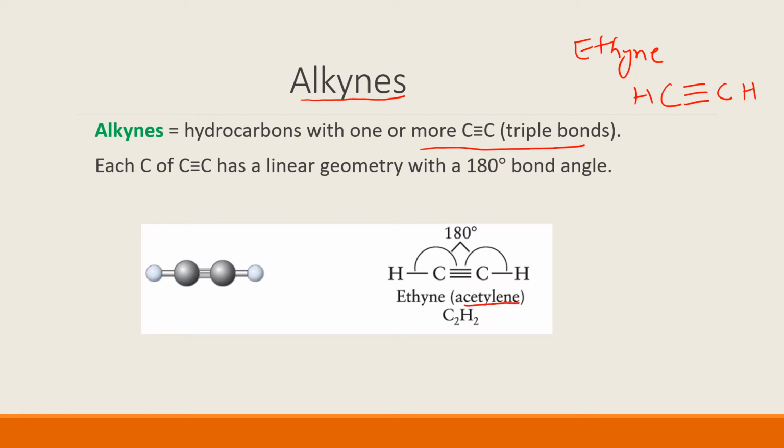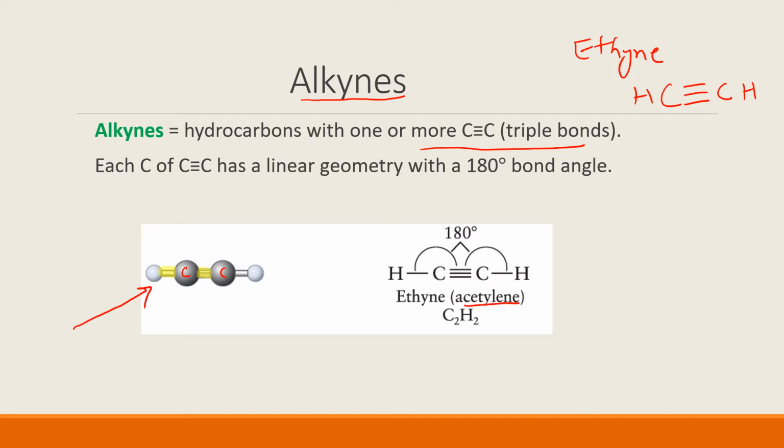The ball and stick model of ethyne is shown here, and as we can see, in the case of alkynes, the carbon atoms which are bonded with a triple bond have only two bonding sites. In chapter 4 we learned that molecules which have only two bonding sites around them have a linear geometry.